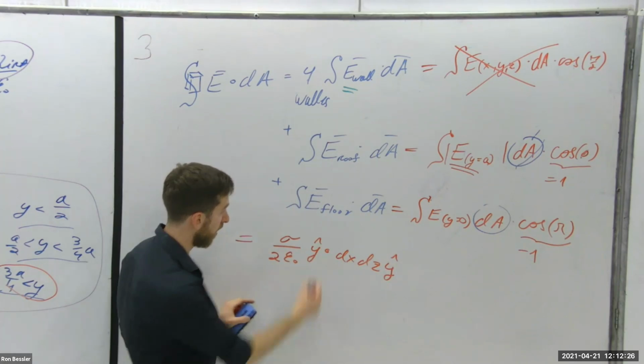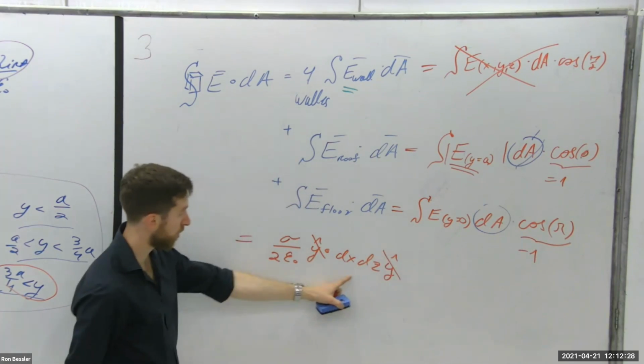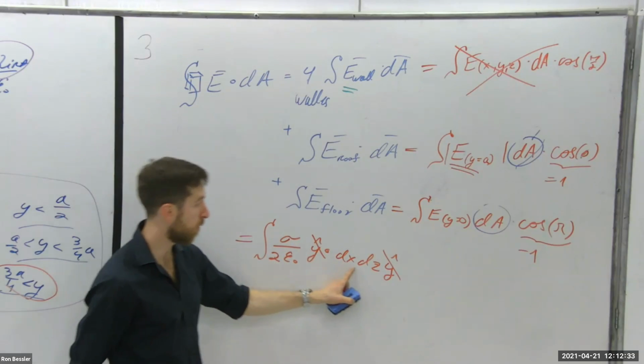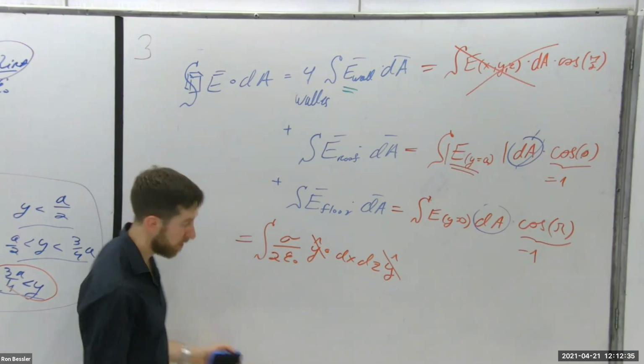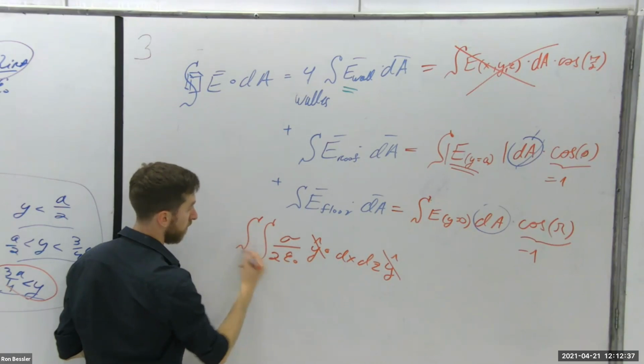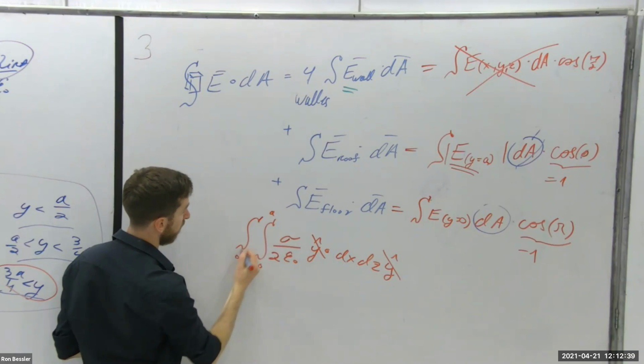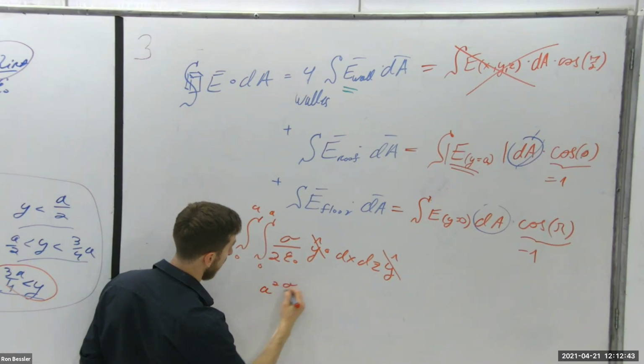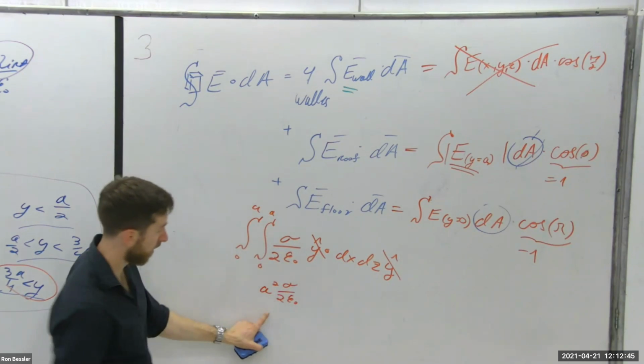And this one actually kills itself in the same direction, and there's the integral, right? So if I sum all the dx and the dz, it's from 0 to a, it's actually a squared. So this is a squared sigma over 2 epsilon 0, right?